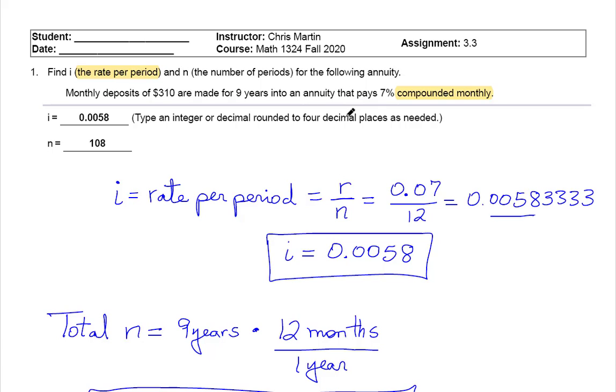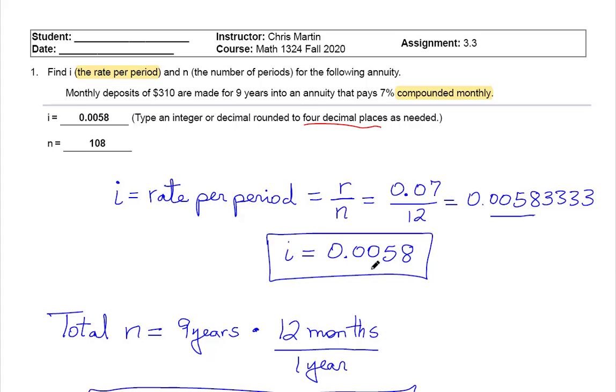So let's see, we have 7%, which is 0.07, and it's compounded monthly. When you do this division, you get lots of decimals, and they say round it to 4 decimal places. All right, so we round this to 4 decimal places, and I get 0.0058.